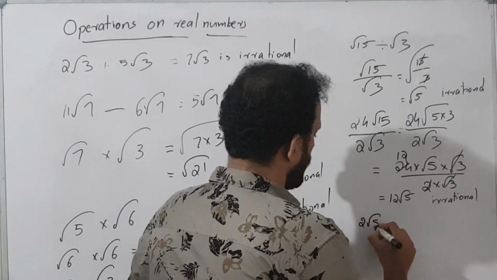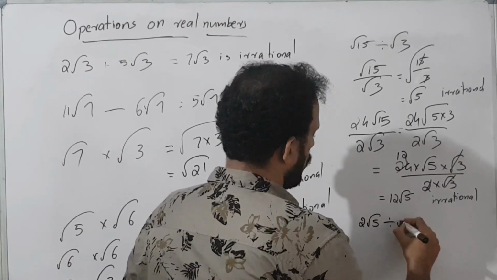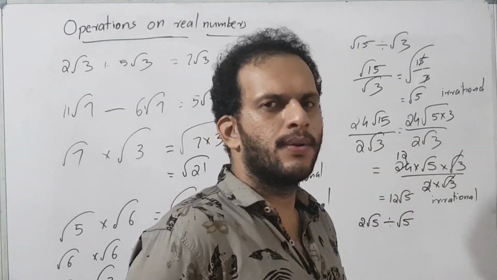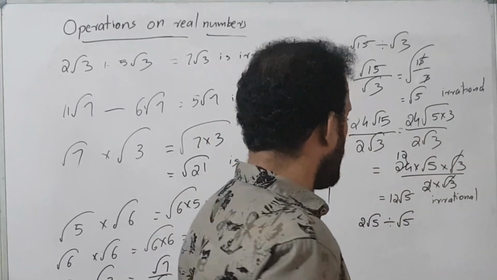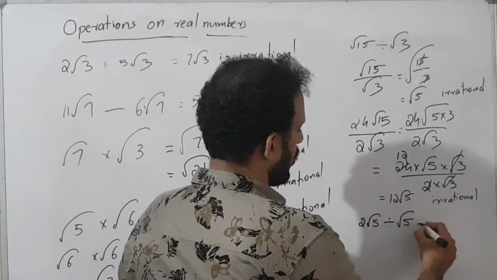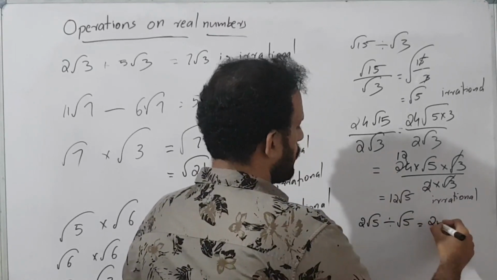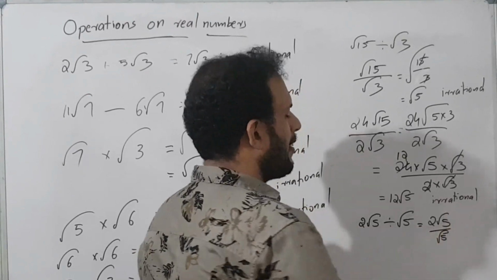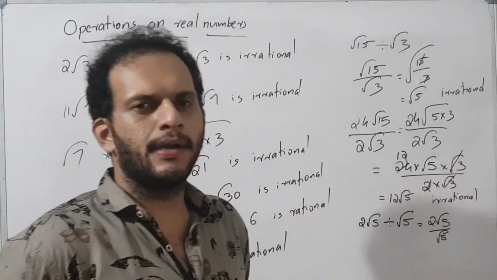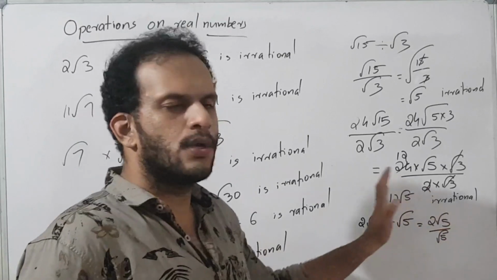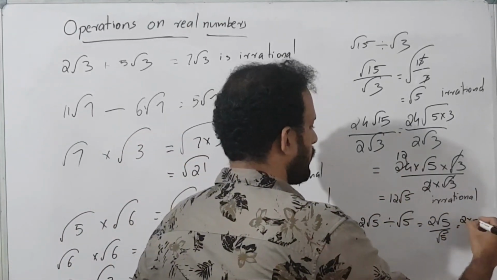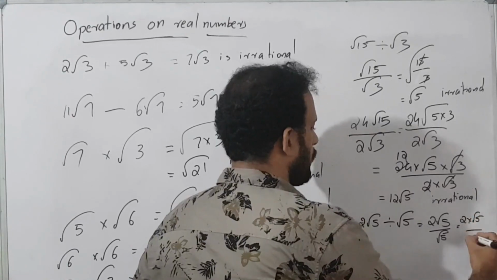The next, we are doing one more example. 2 root 5 divided by root 5. Then what do you get? It is equal to 2 root 5 by root 5. Now it is very clear, 2 root 5 means 2 into root 5. So 2 into root 5 by root 5.